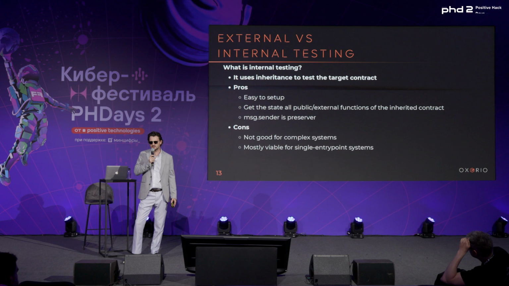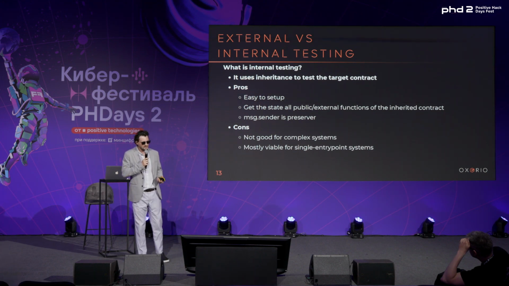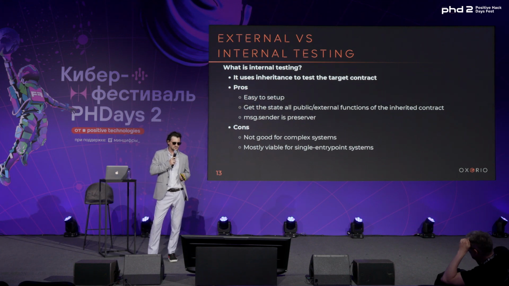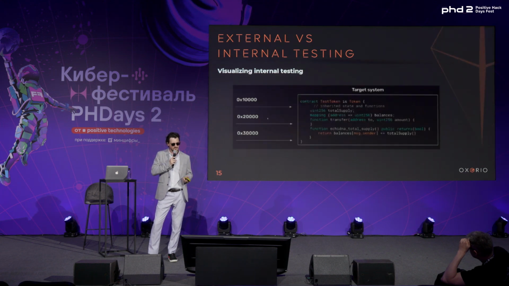Unfortunately, for large contracts, when there are many of them, it stops working. When we only have this token contract, we can inherit from it and check the properties there, for example, supply, etc. But what's good in this approach is that it keeps the message sender. Echidna is an externally owned account which calls the token functions here.